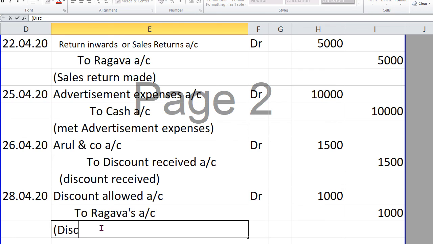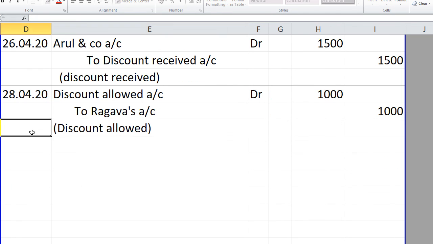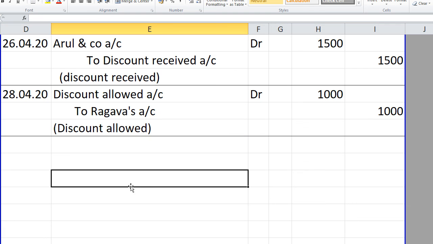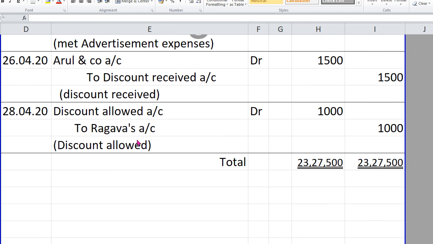Narration: discount allowed. This is enough. Now the month's transactions are over, so let us draw a line. Then we have to bring the total. So all the transactions for the month are over, we have to total it, and we write total. Here ends the journal entries for these given transactions.